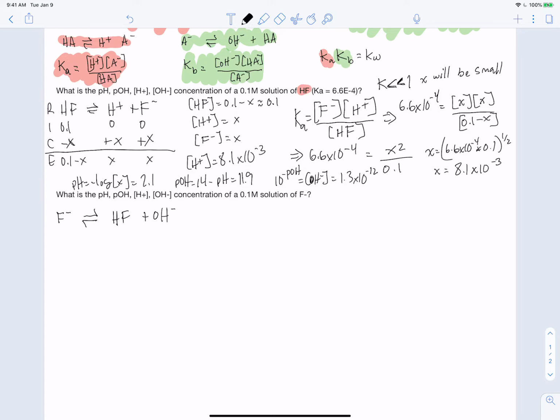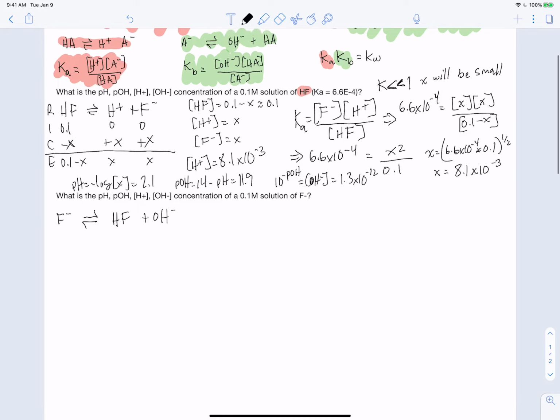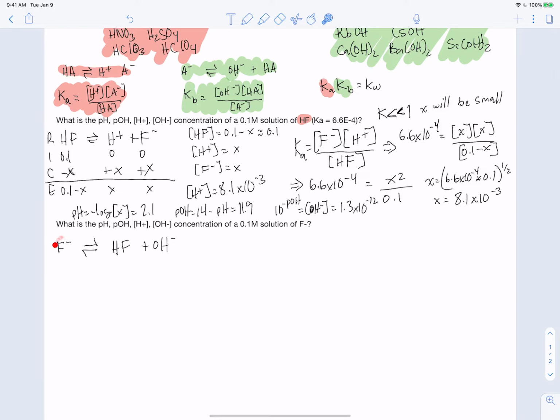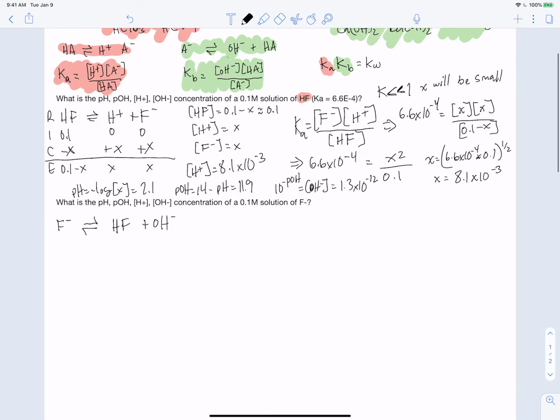So for bases, we write out this different expression, which is showing that F minus, once it reacts with water, produces OH minus. This is different from the acid dissociation constant where we're generating H plus. And we can do the same thing over here that we did for the other one, which is write out a RICE table.